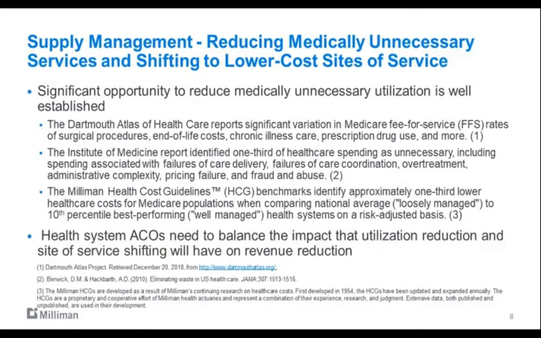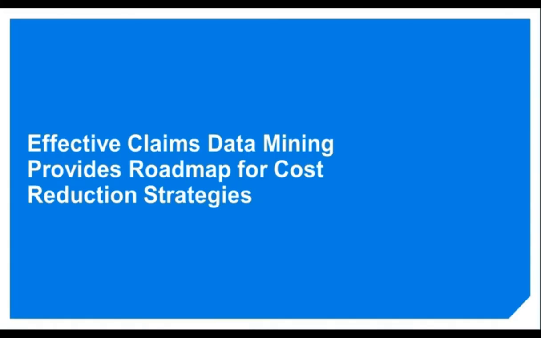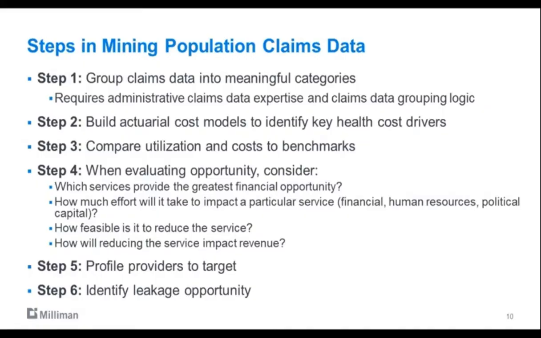So there's always a balancing act. And I think for ACOs who do not have downside risk, that has been the part of the equation that has not been as stressed, because it's easier to do the demand management side.